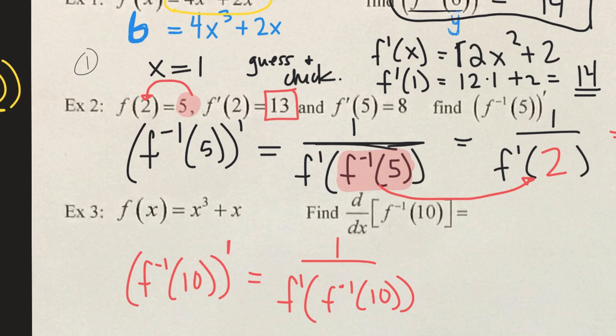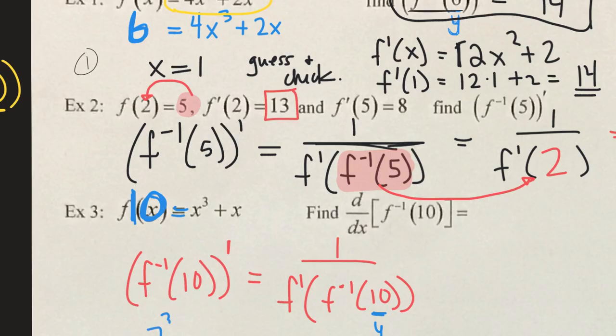Okay, so remember with f inverse, this is a y value. So I want to know when my x cubed plus x will equal 10. What number cubed plus that same number gives me 10? And I'm guessing it's going to be 2, right?